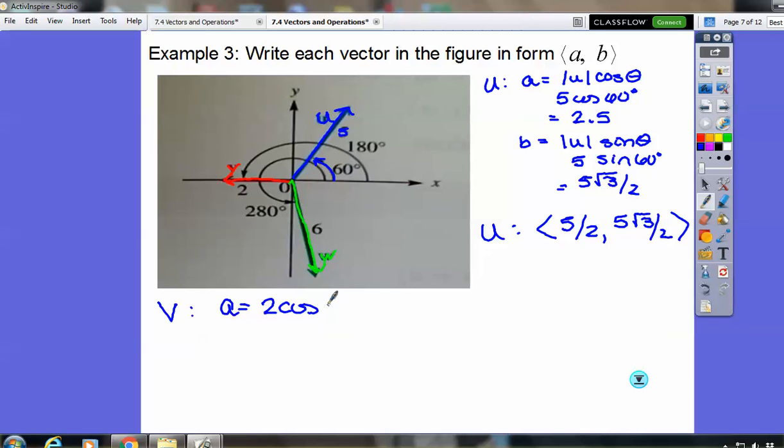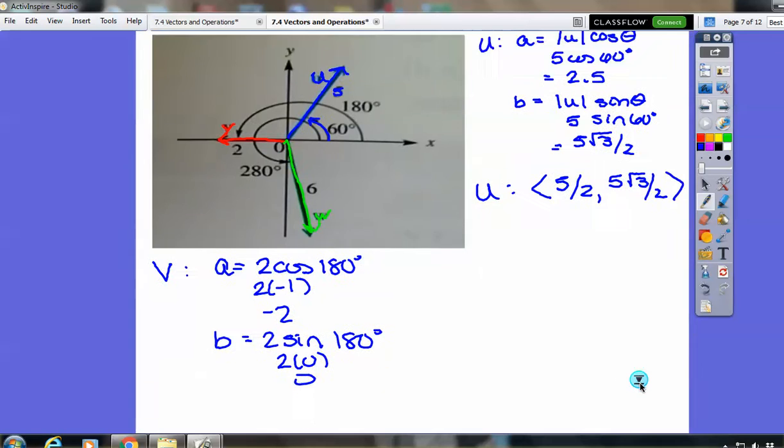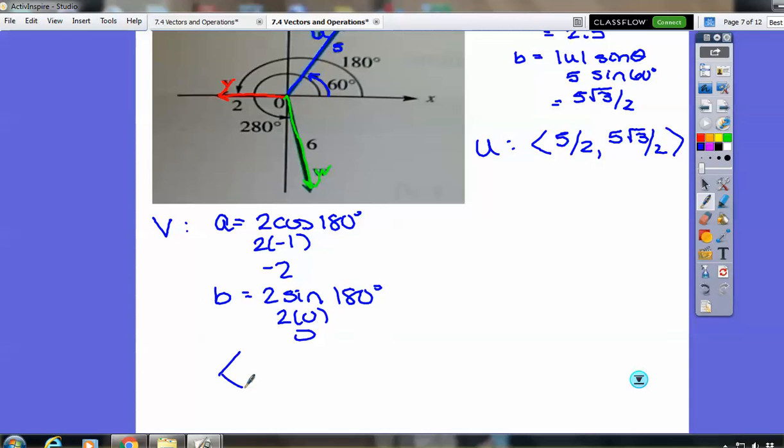Just like on the unit circle, so 180 degrees. So what is the cosine of 180? -1, so 2 times -1 is -2. B is 2 times the sine of 180. 2 times 0 is 0. So vector v is -2, 0.